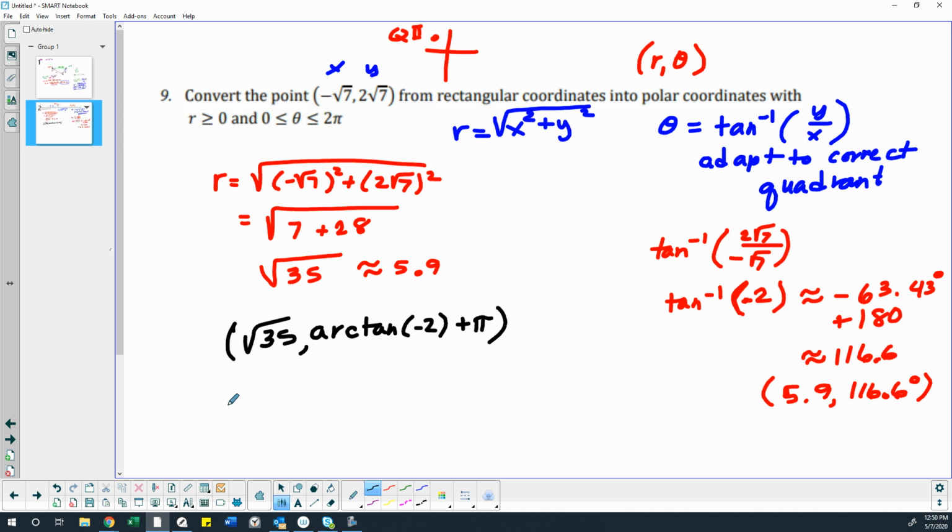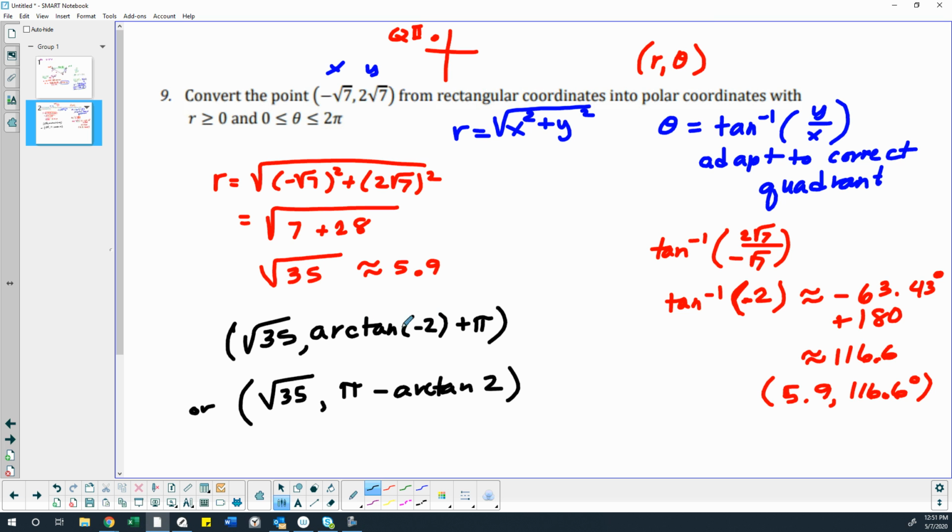If you're looking at the answer key, which I'm glad I pulled up from the beginning so I could plan ahead for it, the answer key says square root of 35, so we got that part right. But on this part, they've done pi minus arctangent of 2. All they've done there to create an equivalent value is use the odd-even properties, which is the fact that tangent is an odd function.